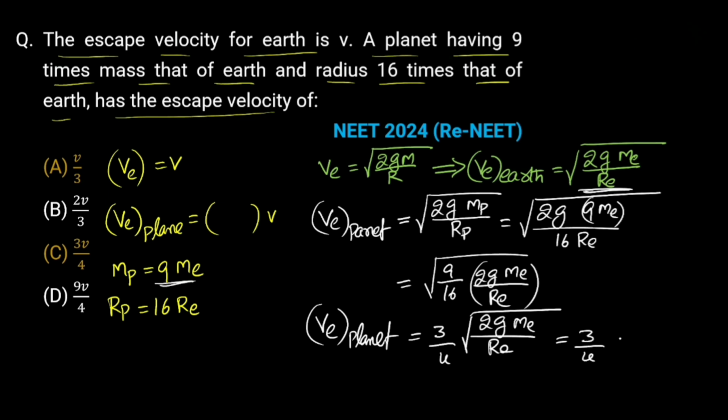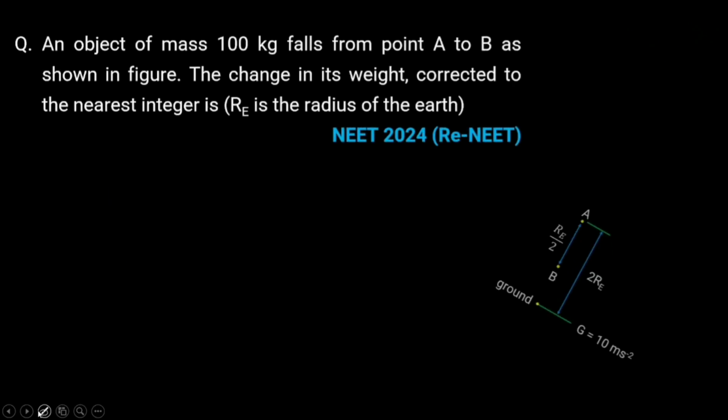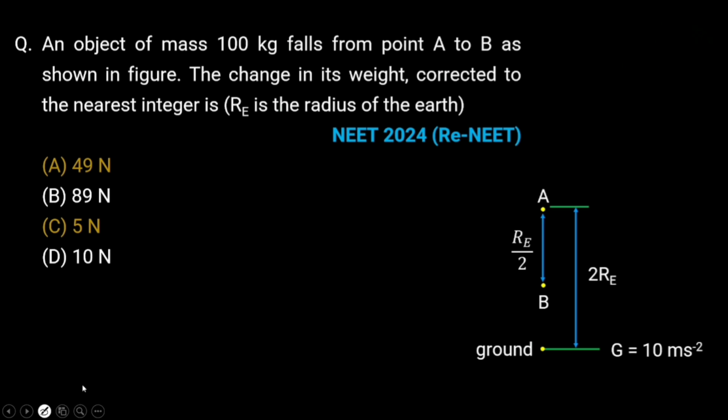That is given as v. Therefore, the escape velocity of an object on the planet is 3 by 4 times v. Look at option C, 3 by 4 times v. Option C is absolutely correct. Understood clearly? Yes.